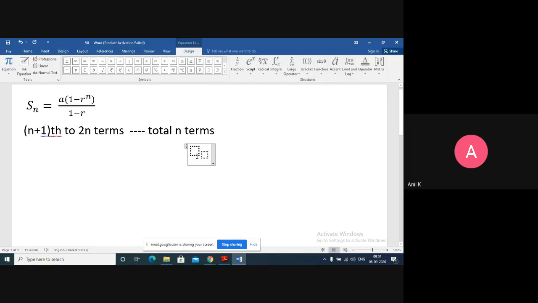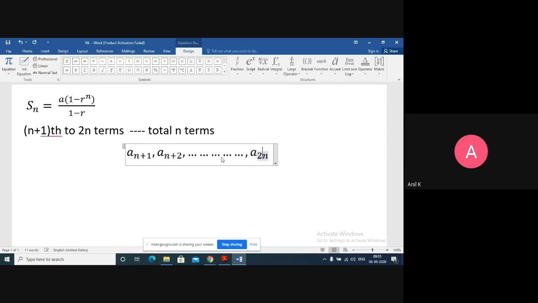So we are going with a different approach instead of subtracting. My new GP here will be a(n+1), then a(n+2), continuing till I reach a(2n).